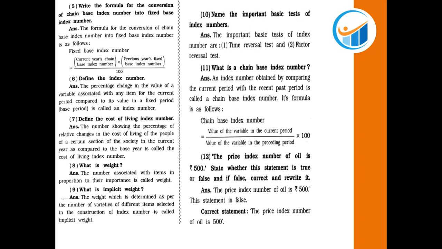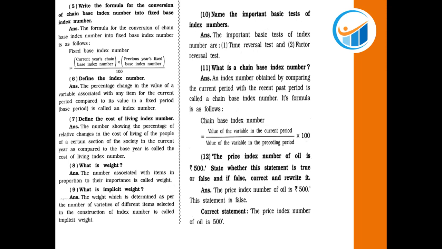Now question number 10: name the important basic tests of index number. When I explained why Fisher's index number is called an ideal index number, I gave the names of two important tests.